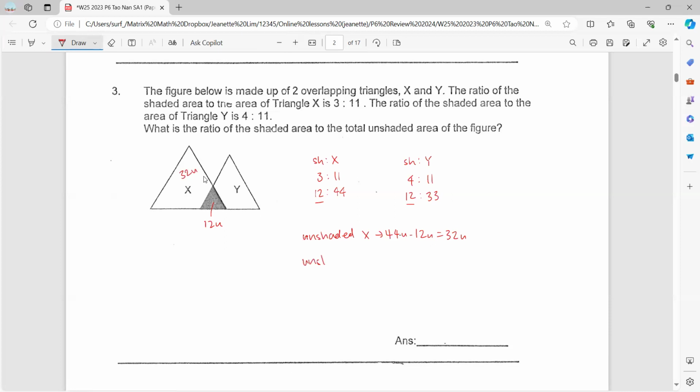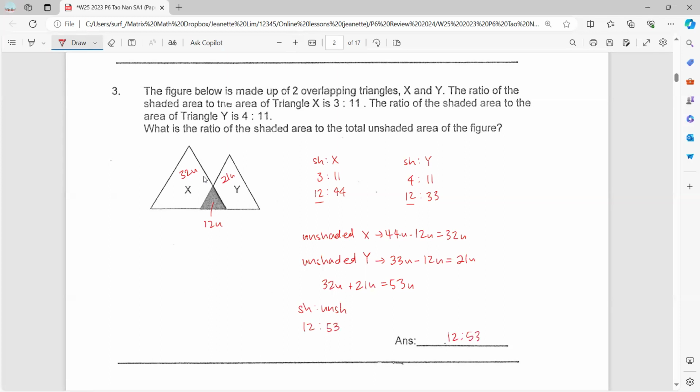The unshaded part of y will be 33 units minus 12 units. This will give us 21 units. Now we can find the total unshaded, which is 32 units plus 21 units, which is 53 units. So your shaded to unshaded will be 12 to 53.